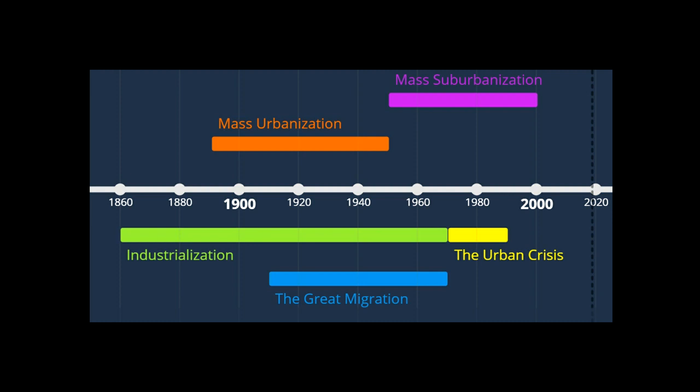High levels of out-of-wedlock births compared to mainstream America. Higher rates of school dropouts compared to mainstream America. Higher rates of crime and social disorder compared to mainstream America. Lower average wages for the people. So most people can't find a job, but for the ones who do find work, their wages are lower than average.